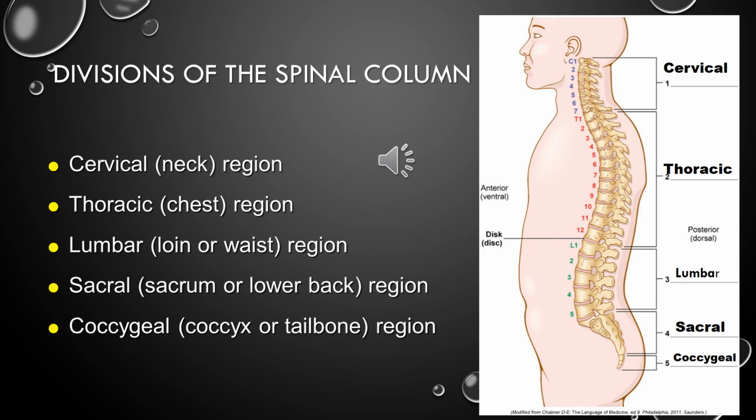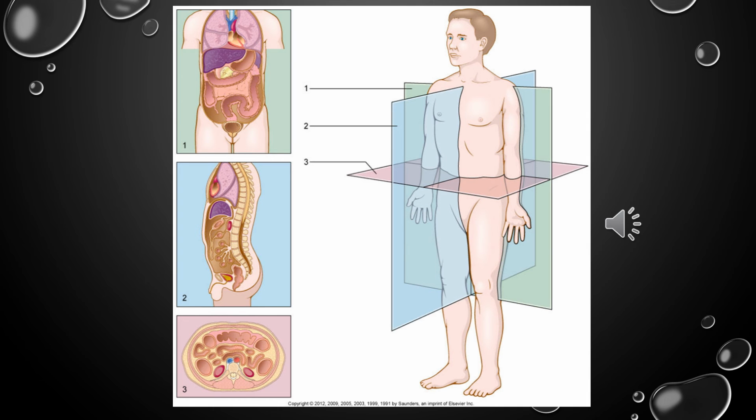And when a person has a severance at a certain area, that specifically means that they have certain disabilities and certain abilities. So you really need to get this breakdown of what the 5 different areas are in the spinal column.